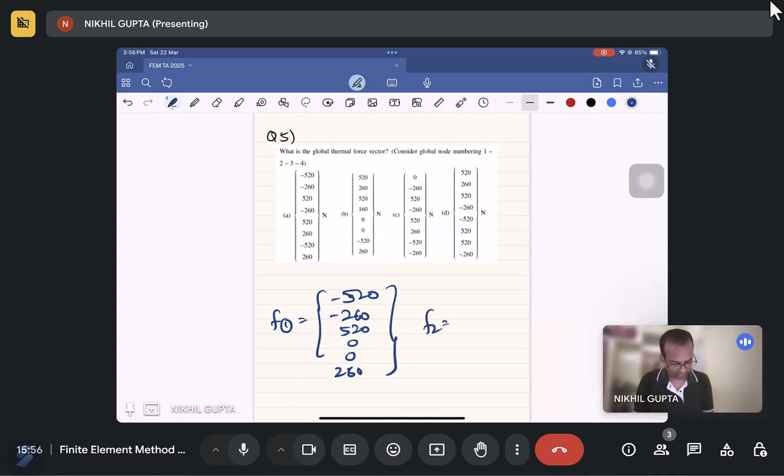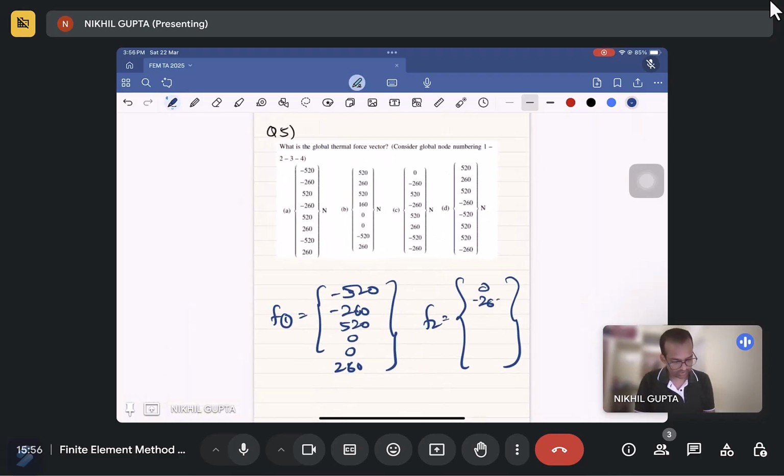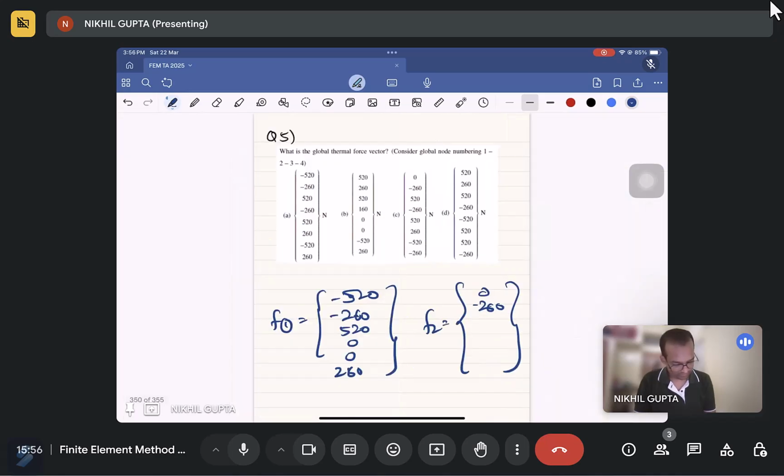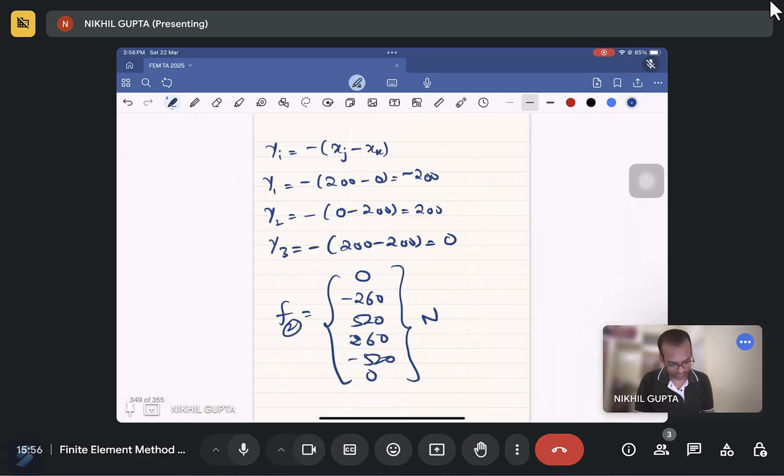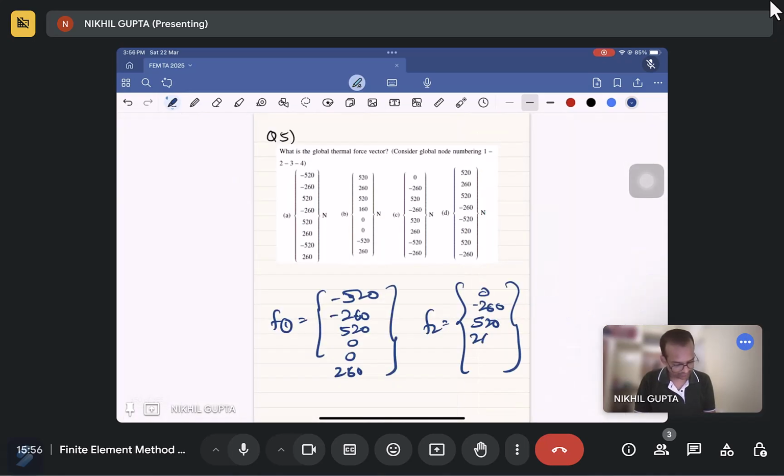For element 2 it is 0, minus 260, 520, 260, minus 520 and 0.